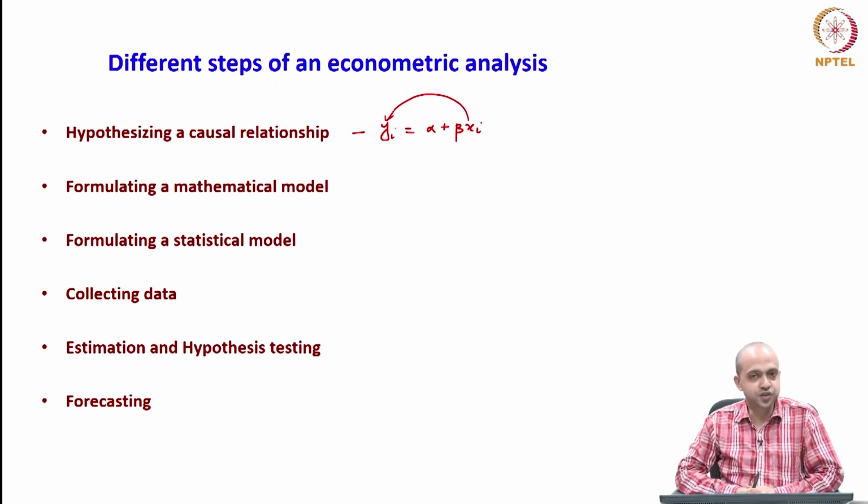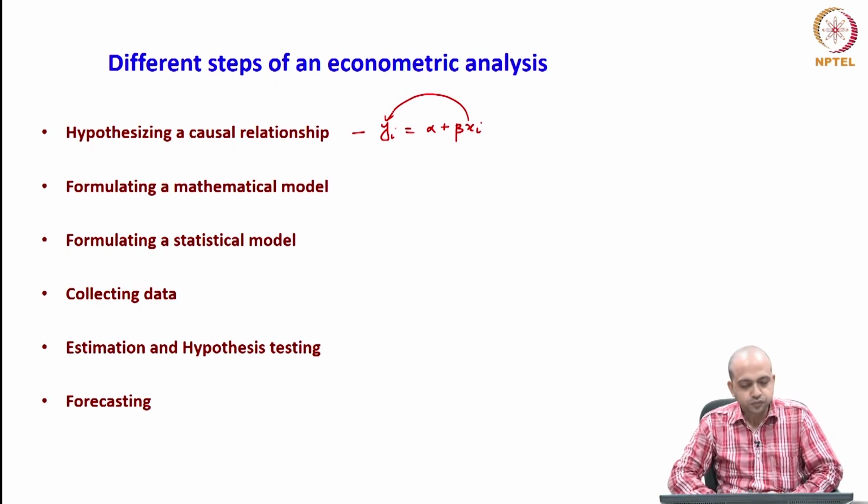If there is an increase in your income by 1 rupee, probably individual's consumption will increase by 50 paise, 60 paise, 70, 80 or 90 paise. That means, less than 1 rupee. That is what is our hypothesis. Okay. And this kind of hypothesis, long back John Maynard Keynes made this hypothesis. That is why it is called Keynesian consumption function.